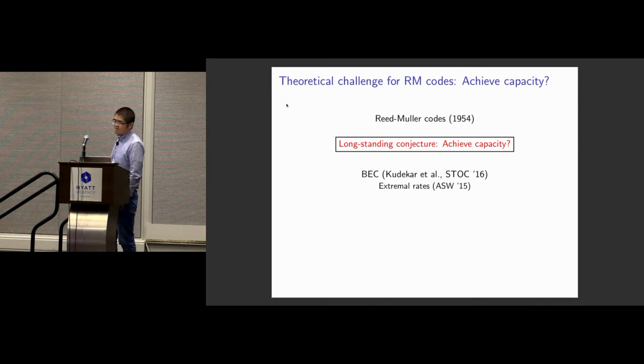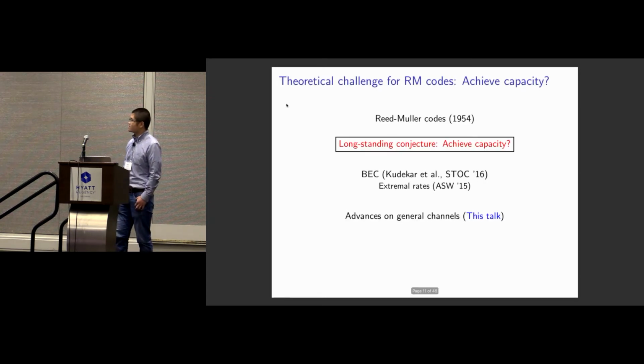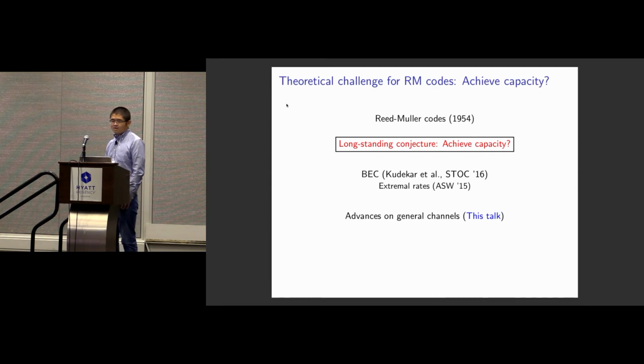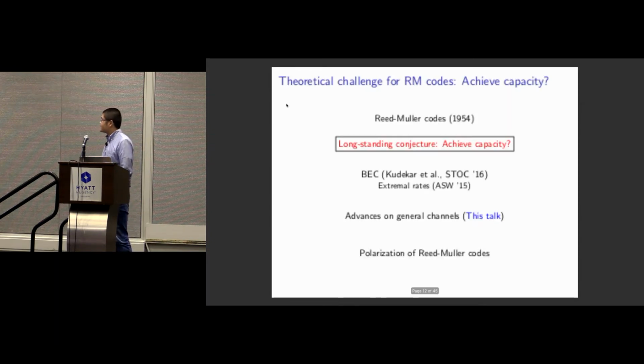There are also some other results showing that Reed-Muller codes with extreme rates, namely rates very close to 0 or very close to 1, also achieve capacity over erasure channels and binary symmetric channels. So in this talk, we make some advances on this conjecture over general communication channels, like binary symmetric channels or even binary-input AWGN channels.